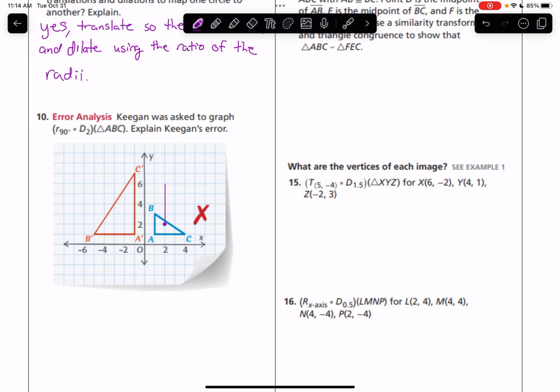So then we have a side with a length of 4 instead of 2, and a side with a length of 6 instead of 3. And that's going to be our new shape. So we can say no. Well, we can't say no. We already know Keegan made an error.